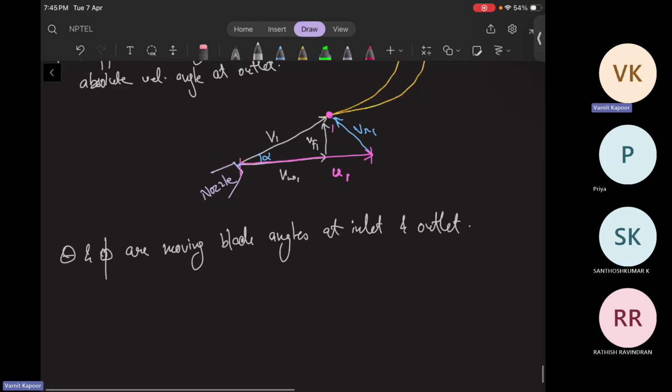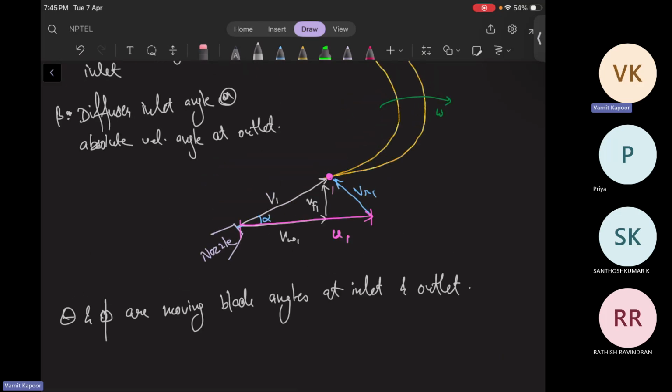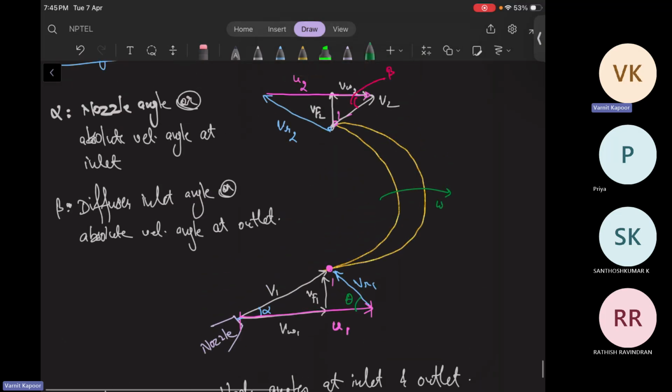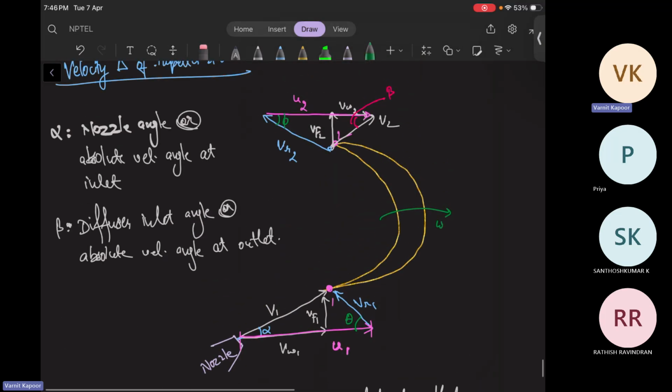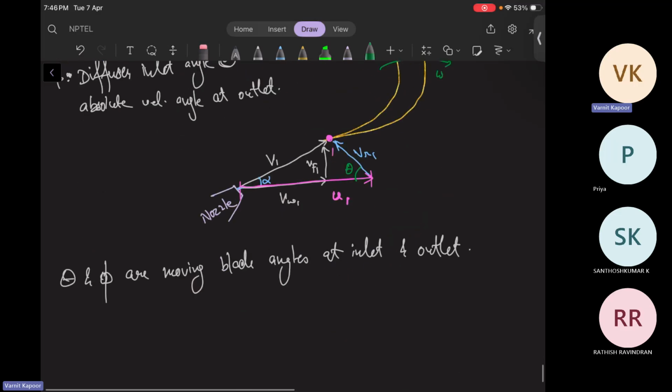Let me show you. So this will be your theta and this is your phi, at inlet and at outlet. Don't worry about this.